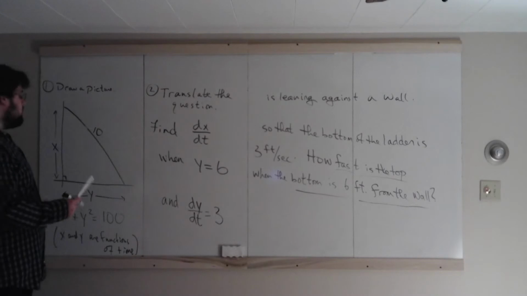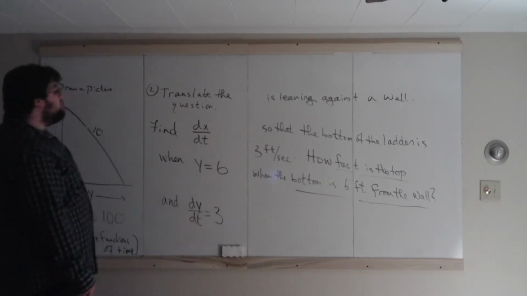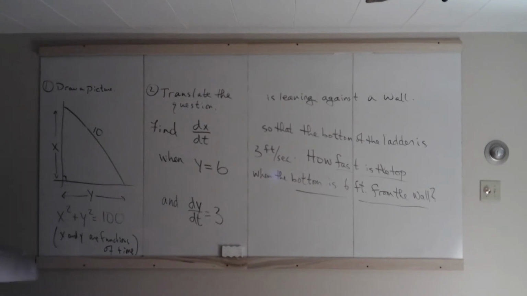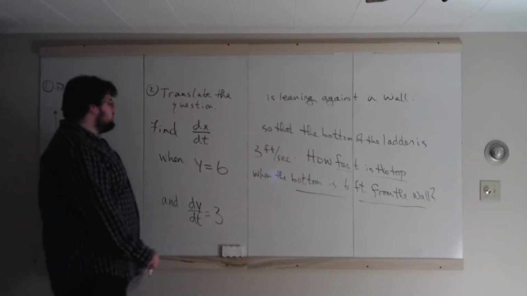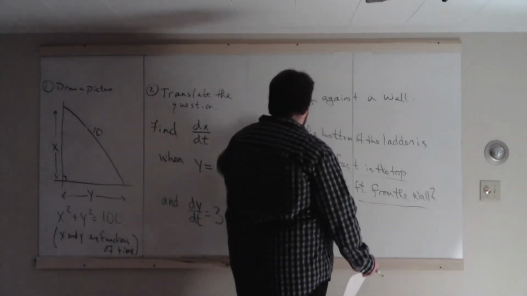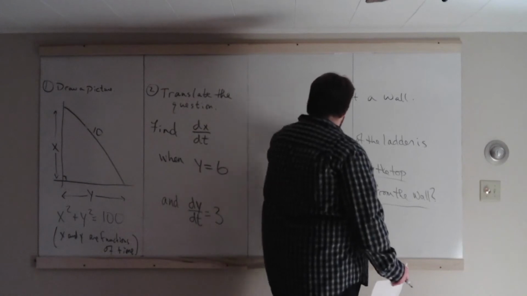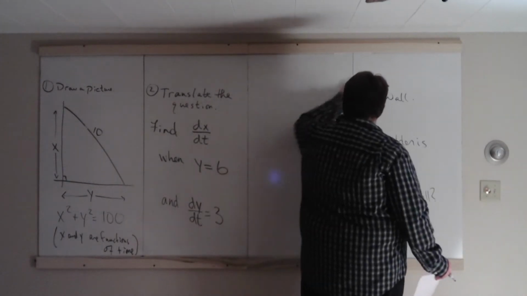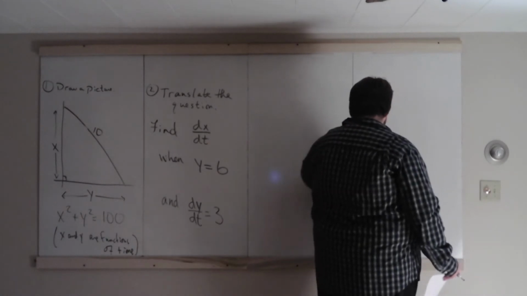At the end I will. The bottom of the ladder is moving at 3 feet per second. Well, that's great. We've translated the question. We're asked how fast is the top of the ladder moving. X measures the top of the ladder. So we're looking for dx/dt.